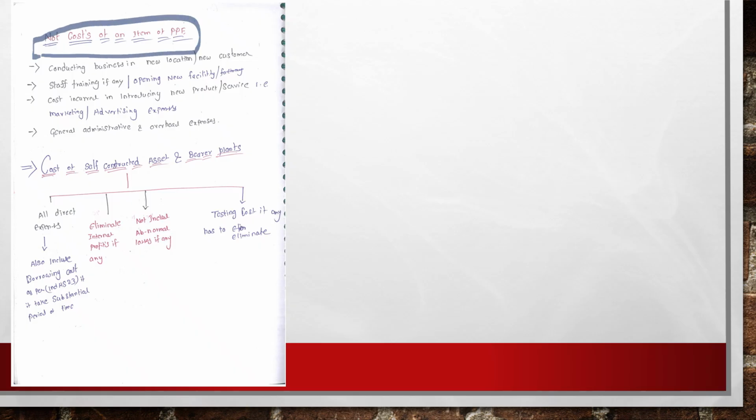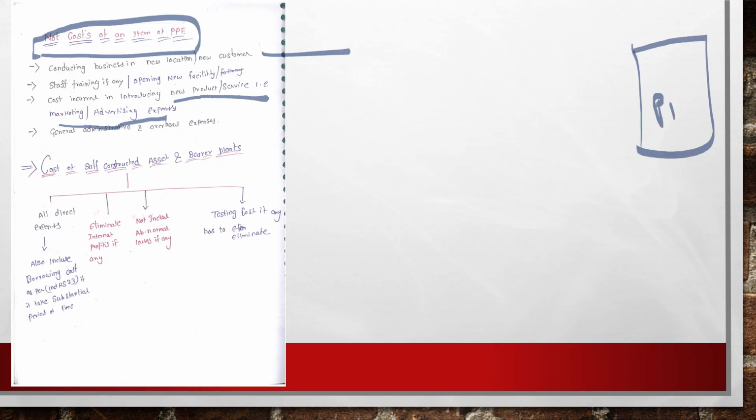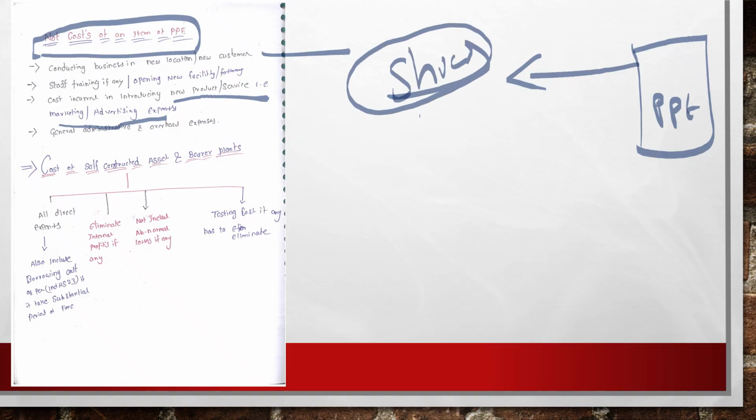First one is the cost of conducting business in a new location or with a new customer. Suppose you incur marketing or sales costs to introduce a new product or service; that is marketing and advertisement expenditure. Suppose from this particular PPE you are able to produce shoes. While selling those shoes you do some marketing.